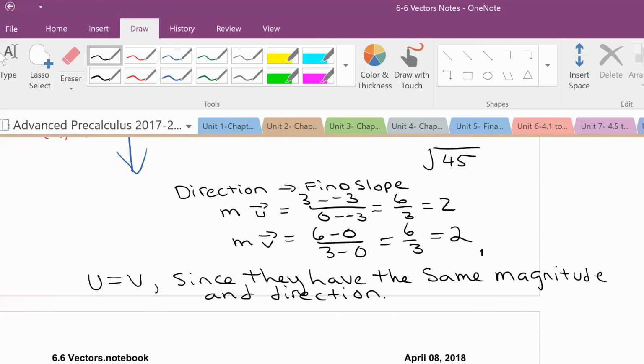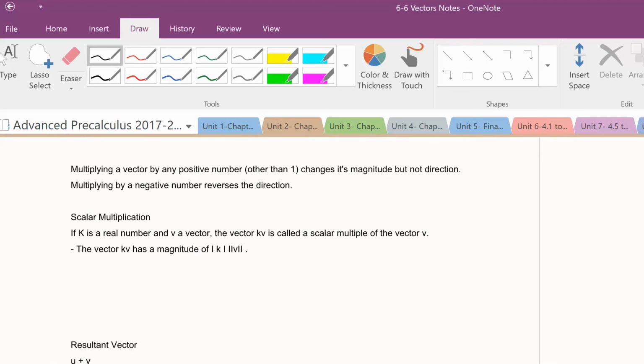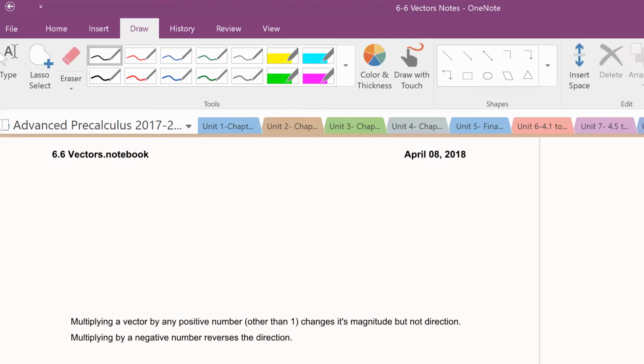All right. So when we multiply a vector by any number, so we can have a vector here. Let's say we have a vector, and this is v. When we multiply it by a number, it just makes it longer, but in the same direction.